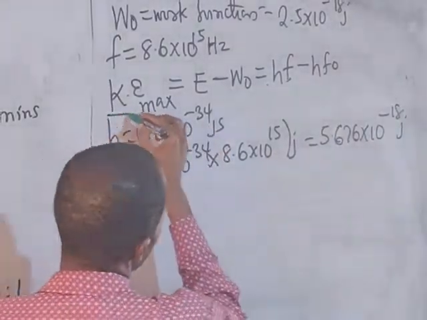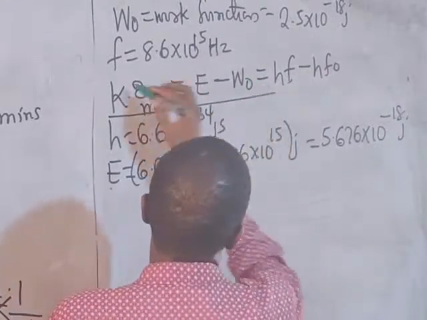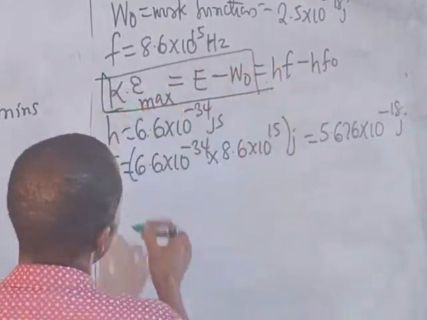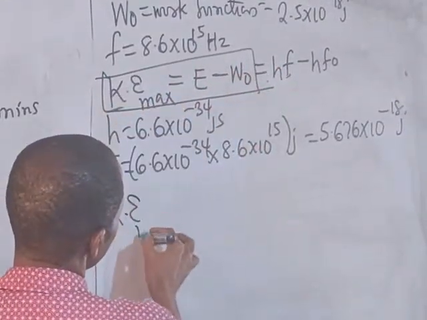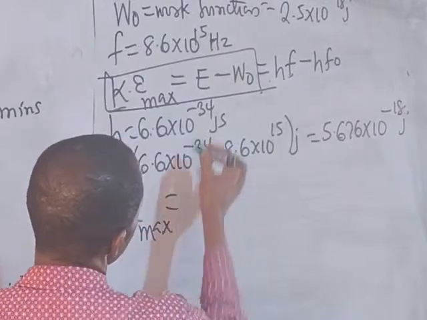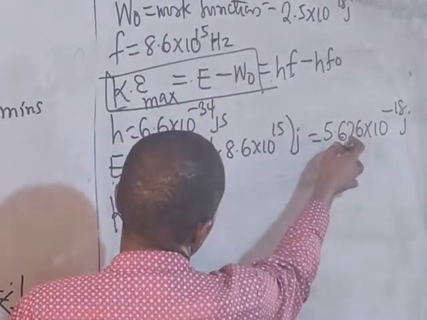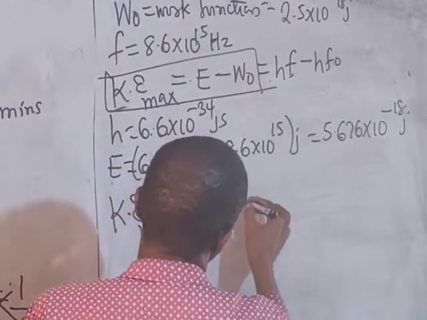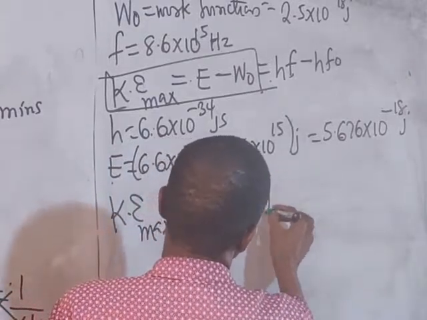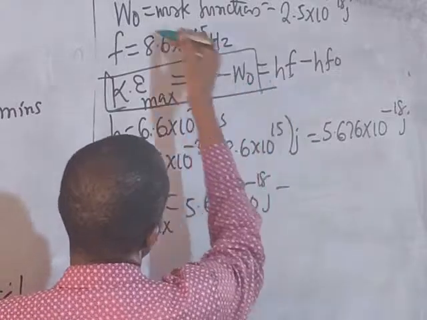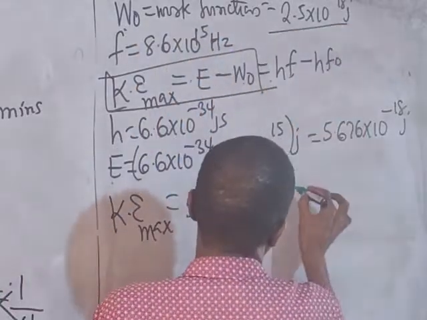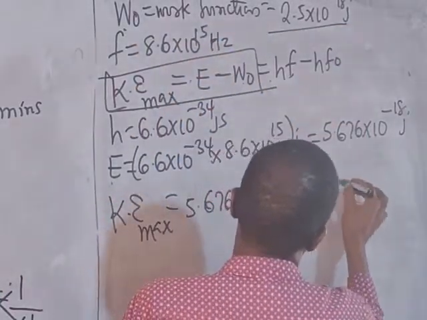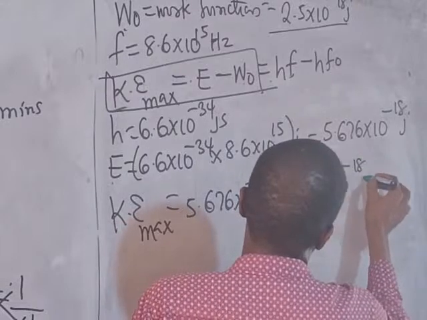So remember, there is a formula we are using. The maximum kinetic energy, KE max, is equal to E. We just calculated our E to be 5.676 times 10 to the power minus 18 joule, minus W naught. That's the work function, which we were given to be 2.5 times 10 to the power minus 18 joule.